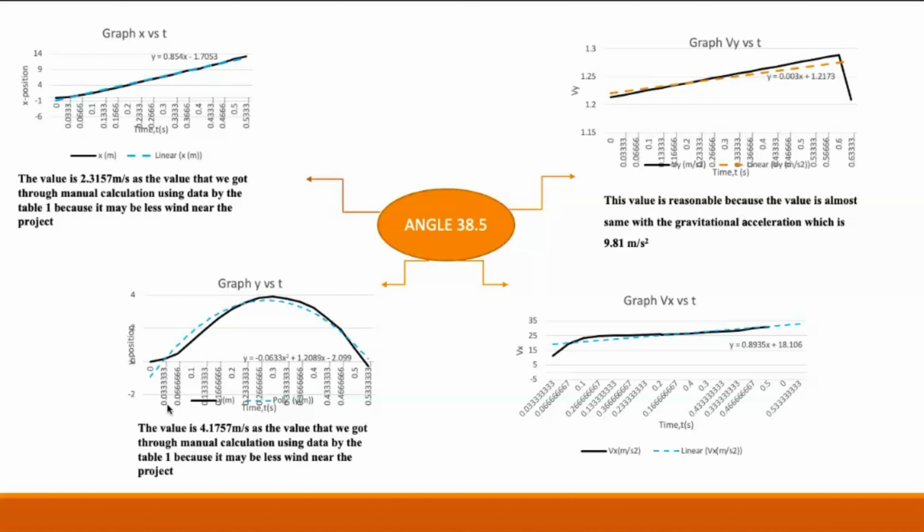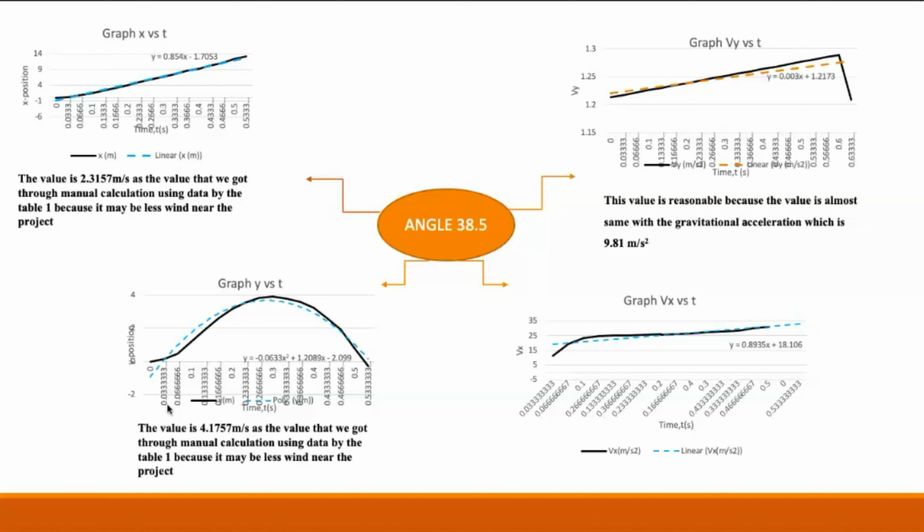And for graph Y over T, the value that we get is 4.1757 meters per second, because it may be less wide near the projectile. So that's why we get a small value.